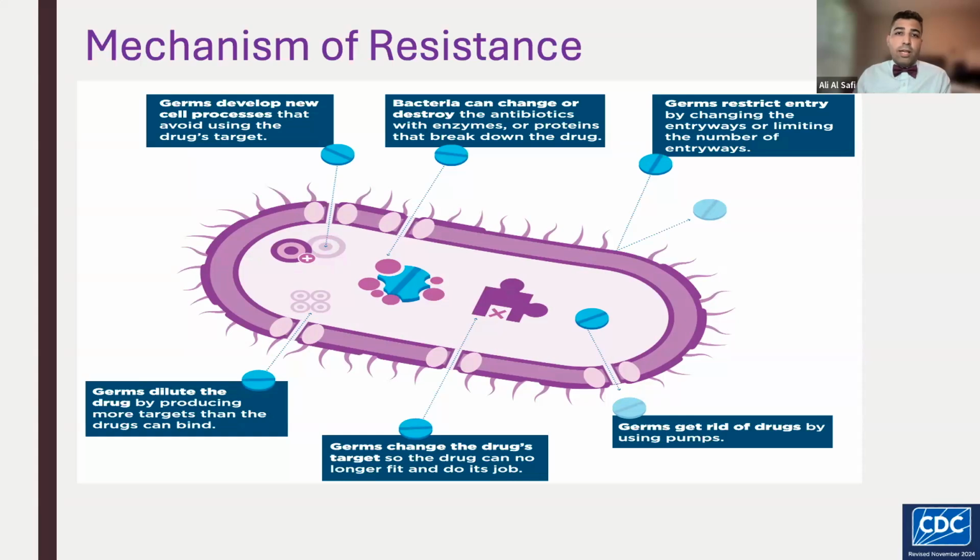Or it can change the entry site or limit the entry of the antibiotic into the bacteria, rendering the antibiotic ineffective. Or sometimes they develop pumps to kick the antibiotic out of the bacterial cell so it won't work. Or they change the drug's target so the drug can no longer act or function.